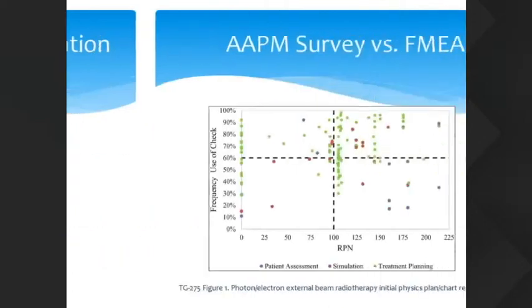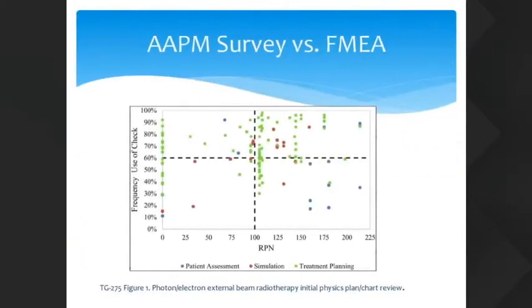This chart is very interesting, and it's inside TG-275. It is a graph of the frequency of the check from the survey on the y-axis and the RPN number for each failure mode that we identified with those checks.